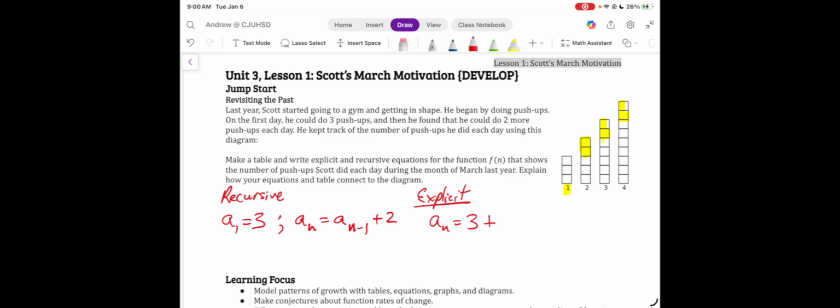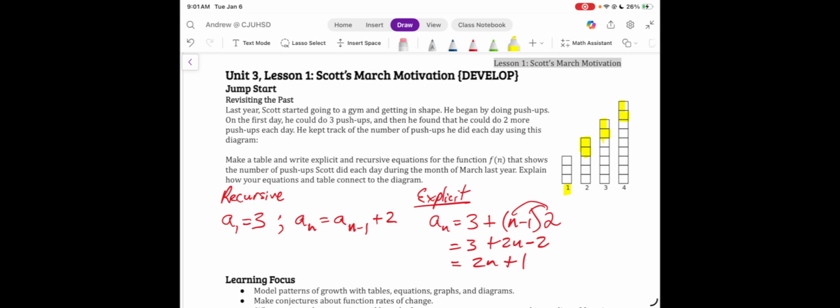And then because we're using day 1 and not day 0 as our beginning, we're going to put in an n minus 1 and then the common difference. And that was 2, because we're going up by 2. We'll simplify this a little bit by doing the distributive property. 3 plus 2n minus 2, and that becomes 2n plus 1.